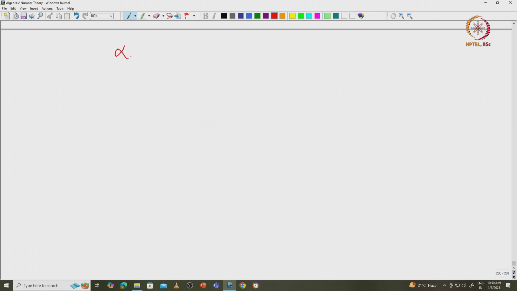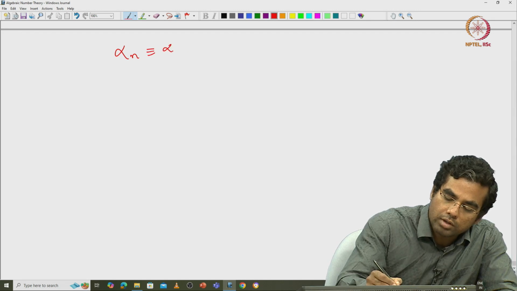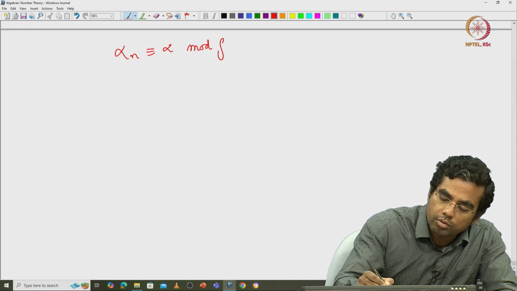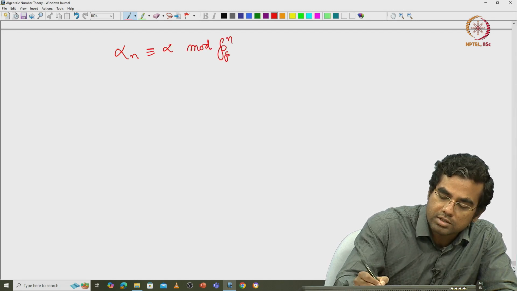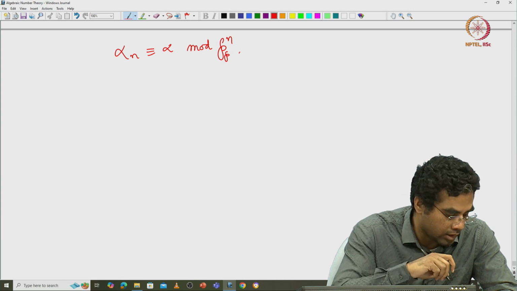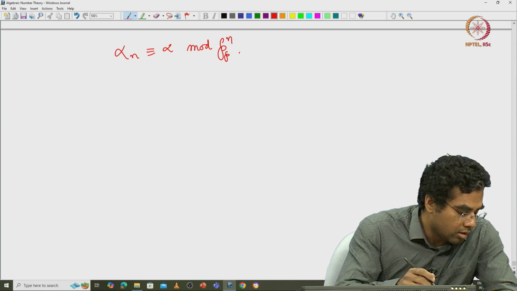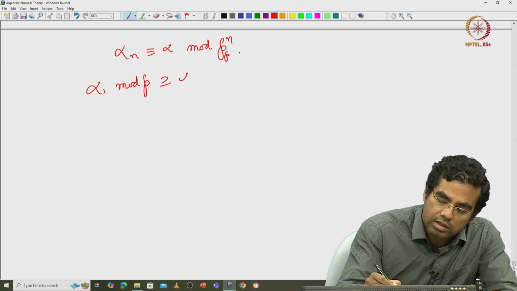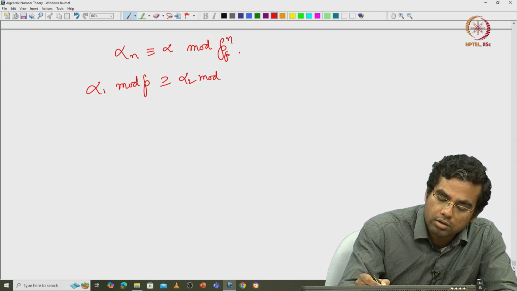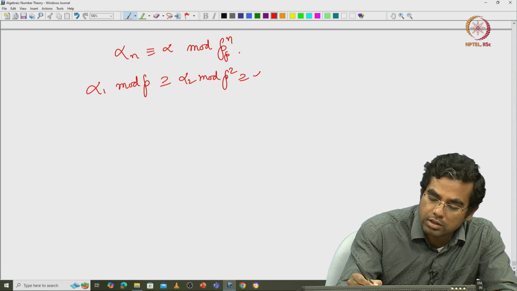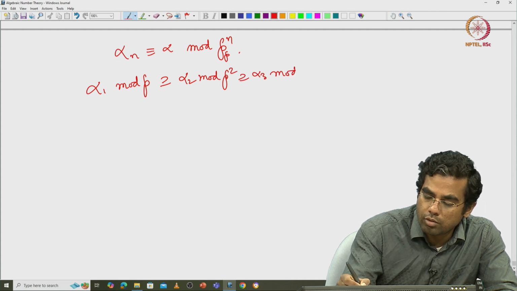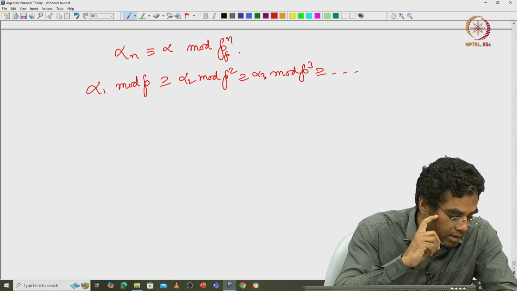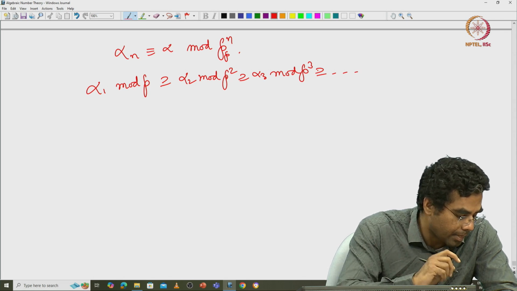Well, alpha n is congruent to alpha modulo P to the n, or P sub P to the n to be technically correct. But furthermore, alpha 1 mod P contains alpha 2 mod P squared, which contains alpha 3 mod P cubed, and so on. Okay. So you get a nested sequence like this.